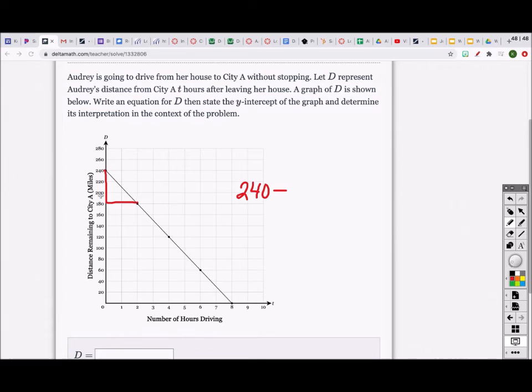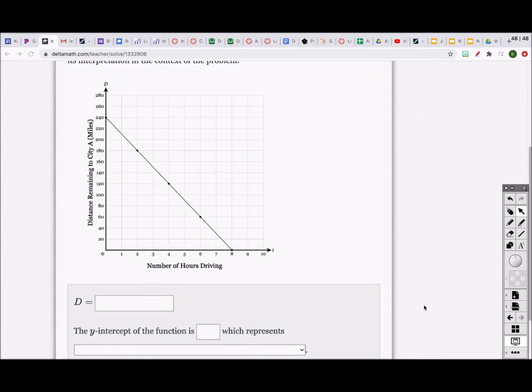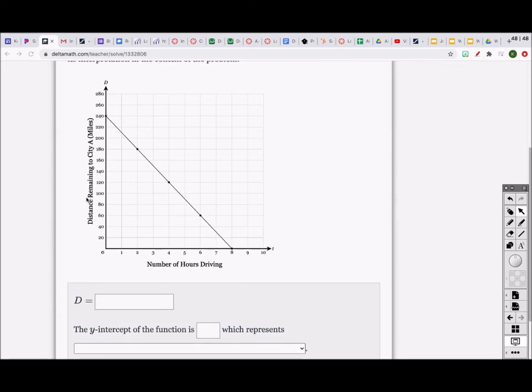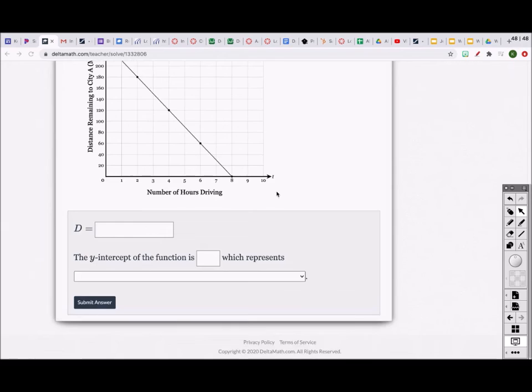This is 20, 40, 60 over 2, which is 30. And you can't put in x, you have to use the variable that's there, which would be a t. Then you go through and answer the questions. The y-intercept is 240. What is the y-intercept? It's the distance to city A.